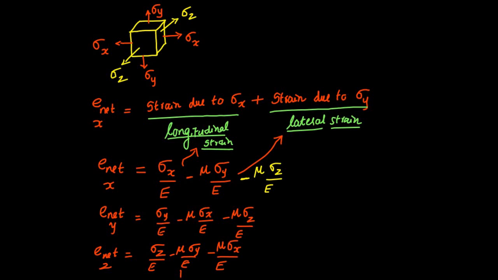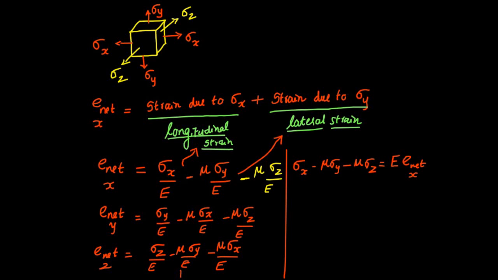I can rearrange these equations. I can rearrange them in the form sigma x minus mu into sigma y minus mu into sigma z is equal to capital E into net strain acting along the x direction.